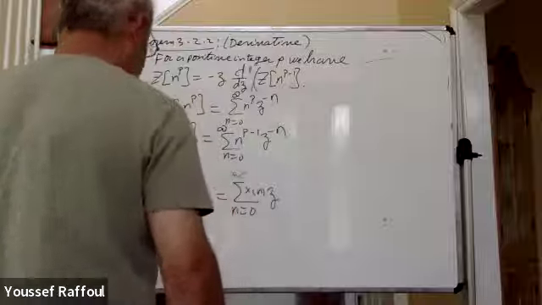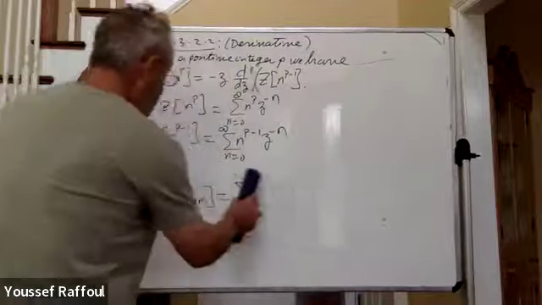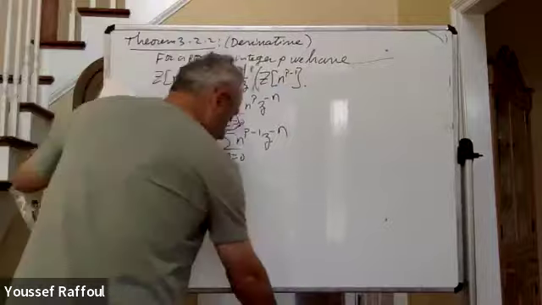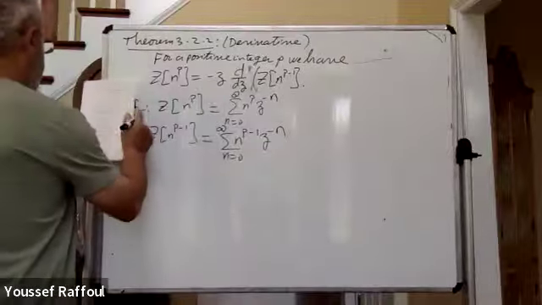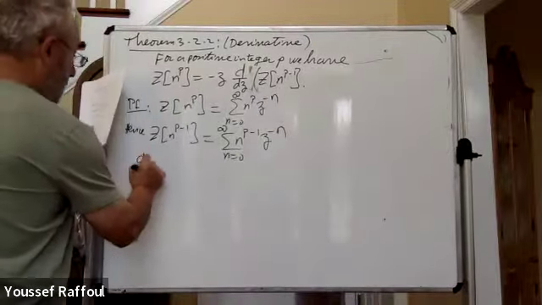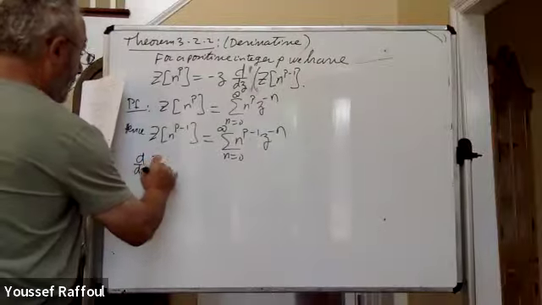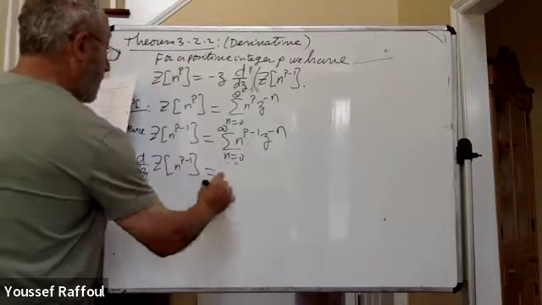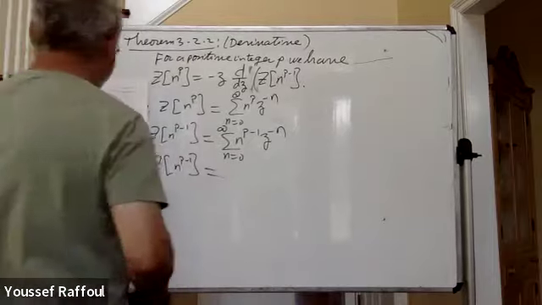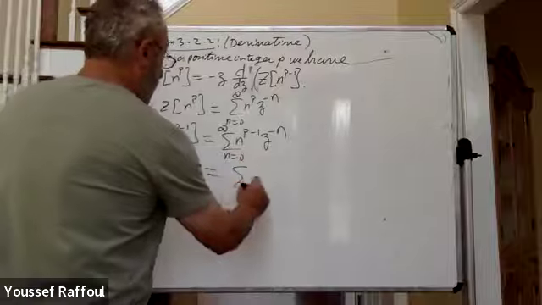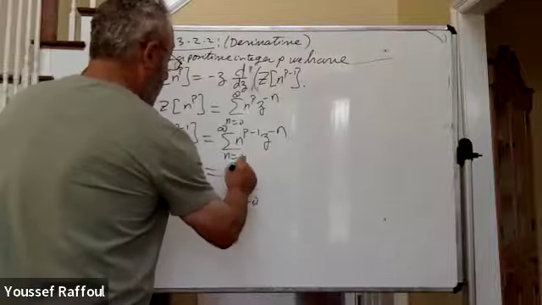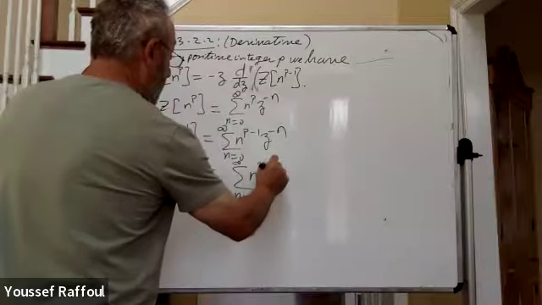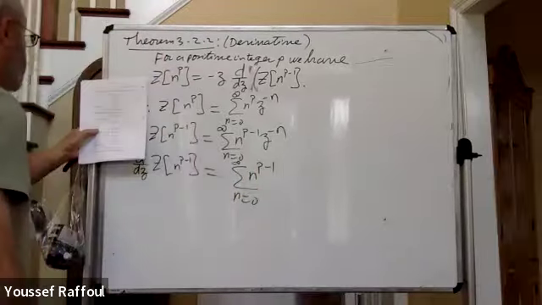All right, so we're going to differentiate. Then d/dz of Z of n^(p-1) is the sum from n equals 0 to infinity of n^(p-1).